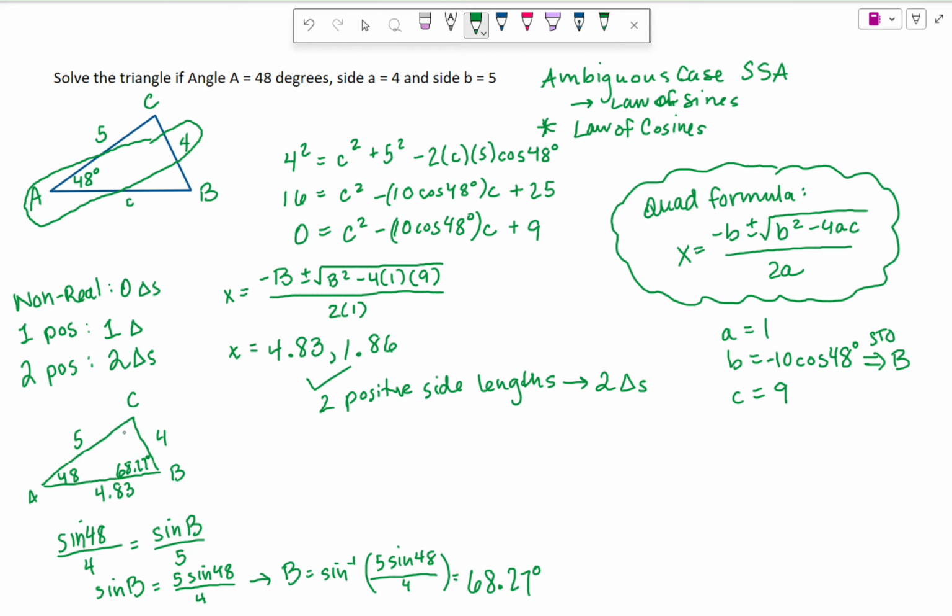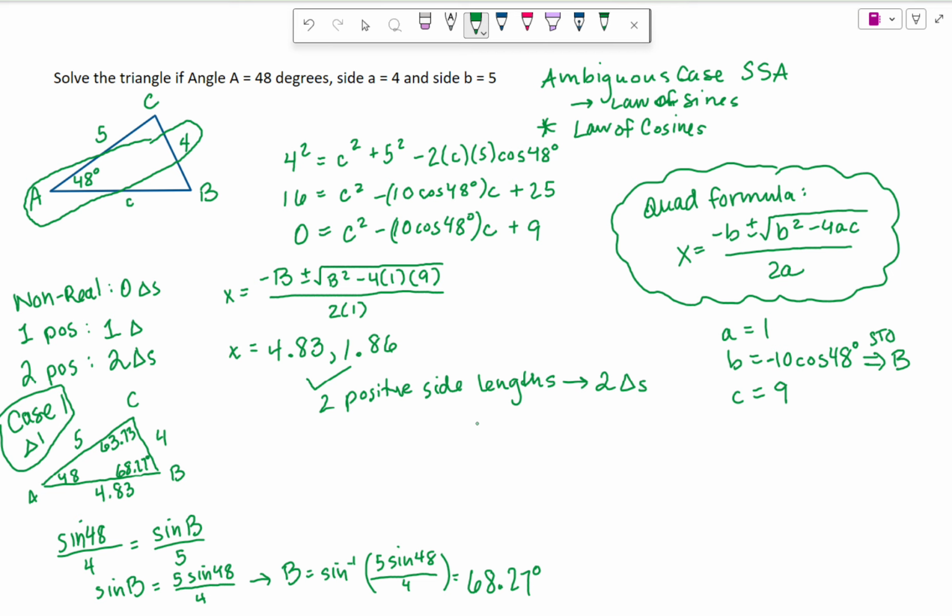And then I would just subtract from 180 to get angle C. So for angle C, I do 180, take away 48, and take away the 68.27 that's still in my calculator. So for angle C, I got 63.73 degrees. Okay. These angles do match up with their sides, right? The smallest side is opposite the smallest angle, and 68 is the largest, and it's opposite the 5. All right, so then this is case 1, triangle 1, I guess I should say.